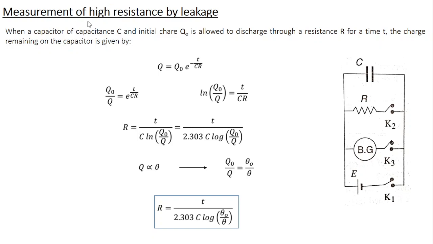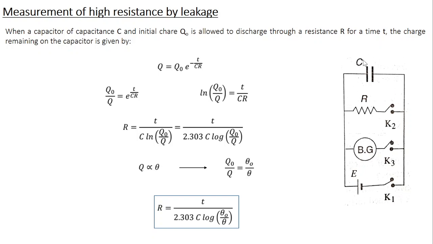Now what is the meaning of RC time constant? It determines how fast the capacitor charges and discharges. So if the RC time constant is small, the capacitor charges quickly and discharges quickly. Let's take some example values.